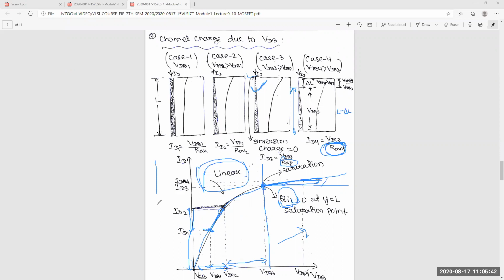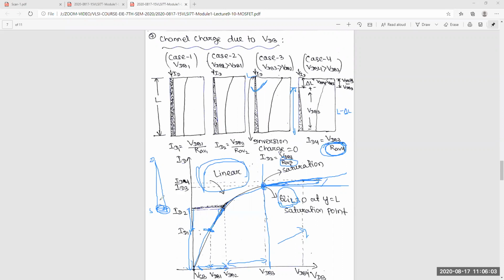See, average. Why I'm saying average? Because the channel is like this. So this is the drain terminal and this is the source terminal. Definitely, if the area is more here, the resistance will be less here.